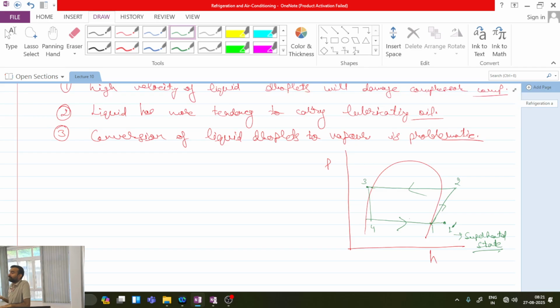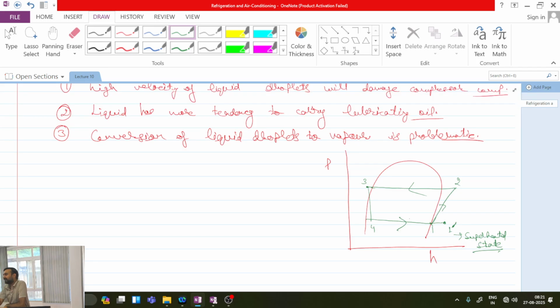For domestic refrigerator applications, particularly in the ice chamber, the temperature can go down to minus 15 to minus 20 degrees Celsius. So at the exit of the evaporator there will always be a very low temperature in comparison to the ambient temperature.